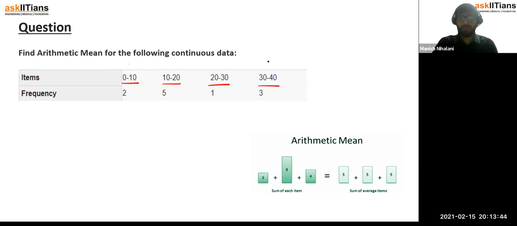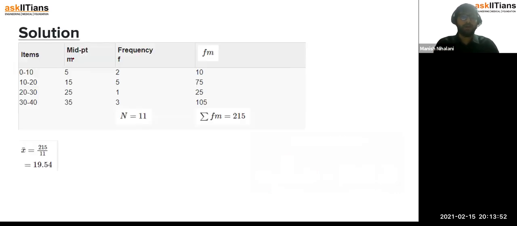Then it is very simple: summation fi mi upon summation fi. Summation fi mi is 15 and summation fi is 11. Dividing both, we get 19.54.